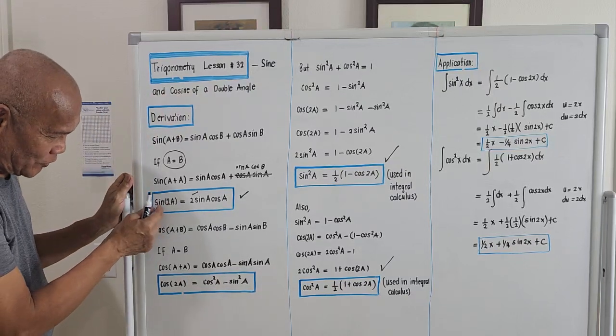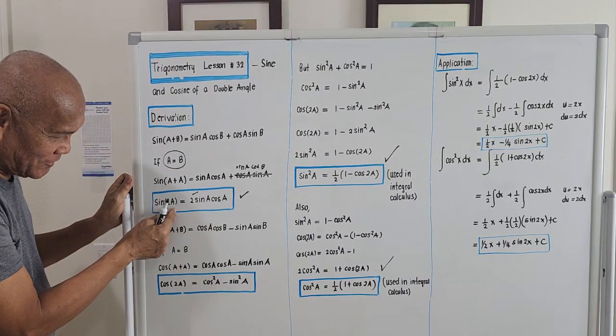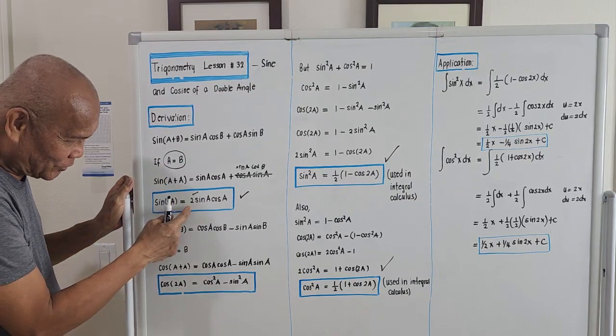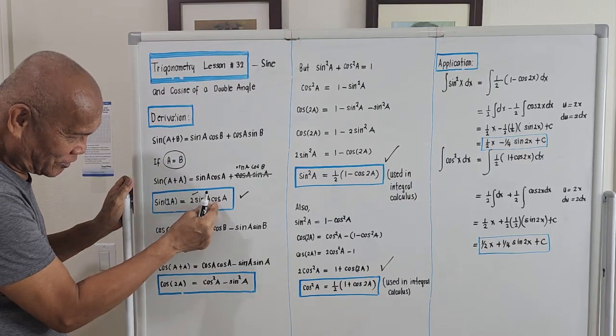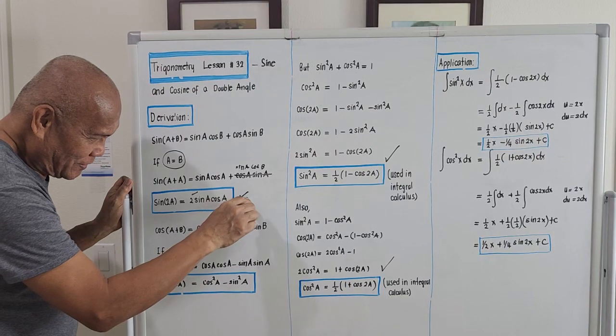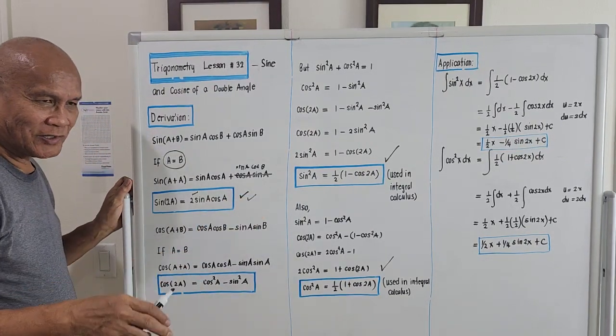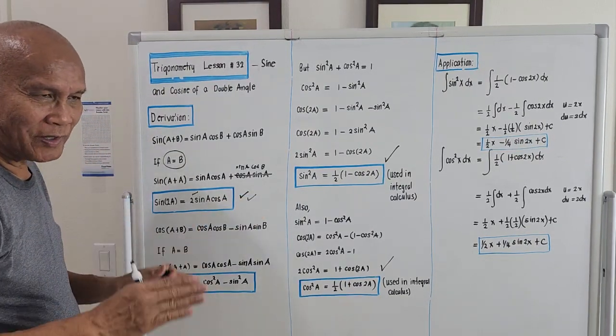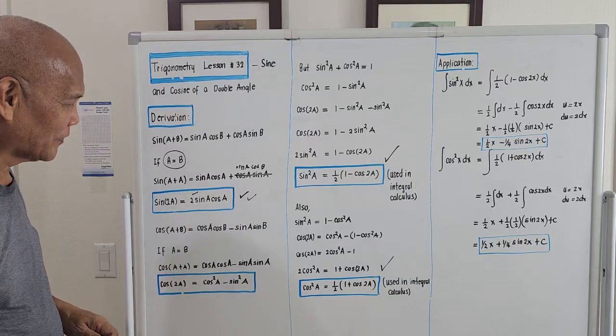So sine of the quantity 2A is equal to 2 sine of angle A cosine of angle A. This is identity number 1 under the so-called sine of a double angle in terms of a single angle.